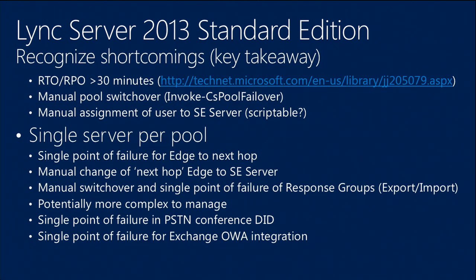So lots of good things about Standard Edition pairing, but as of now, it's still not as seamless or as ideal as the concept of a component failure in an Enterprise Edition pool. We do have a time component for that activation.